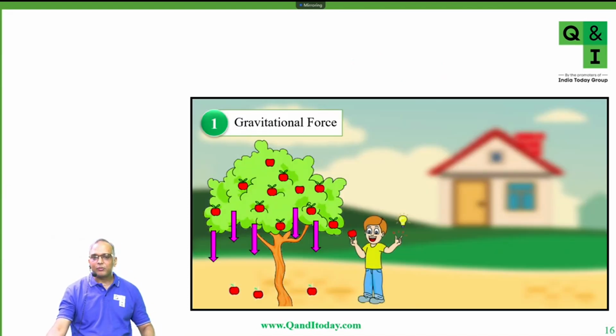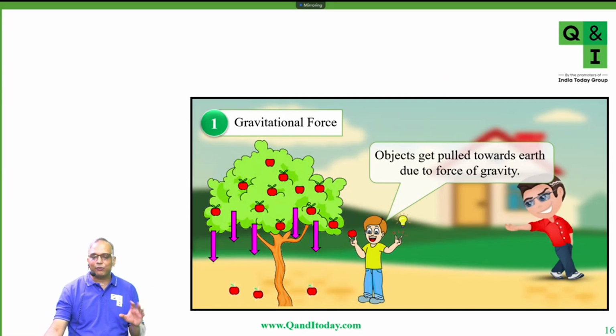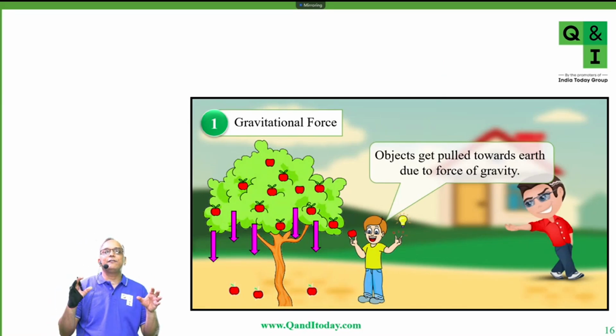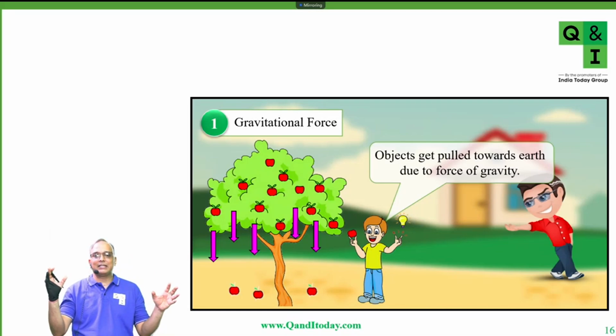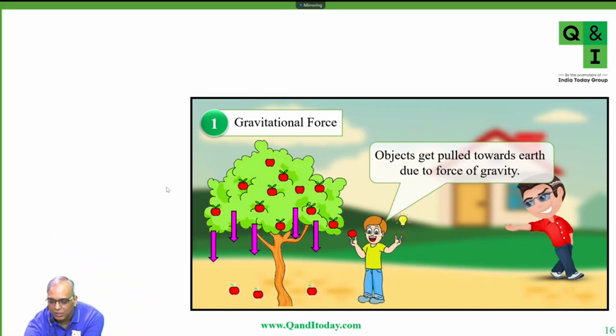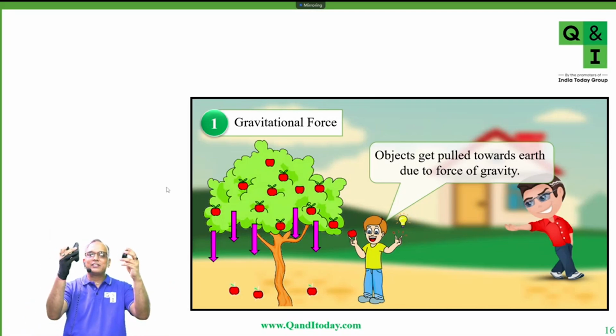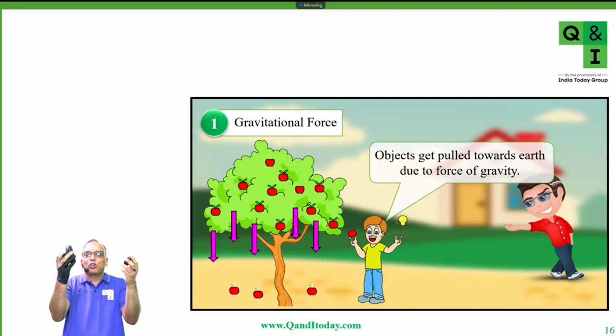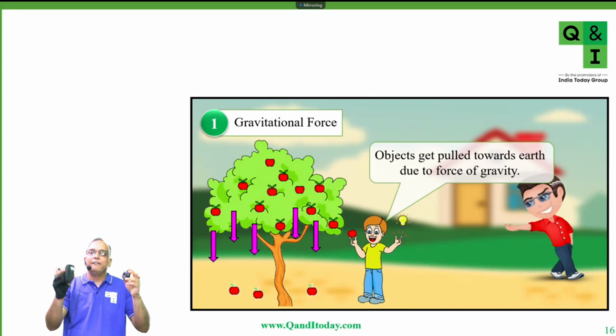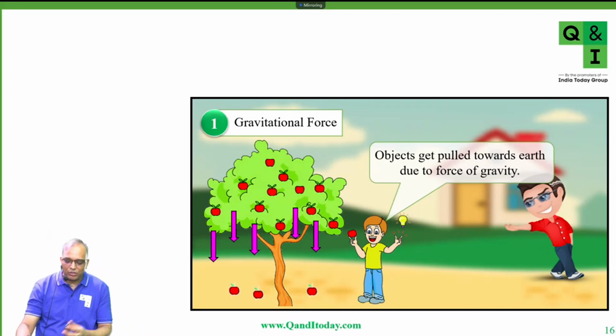Yeah, we were talking about gravitational force and gravity. What is the difference between force of gravity and gravitational force? Gravitational force is between any two objects having masses. Both these objects will apply a force of attraction. You are not able to observe them moving because the masses are very small. We'll talk about this in detail when we talk about gravitation.